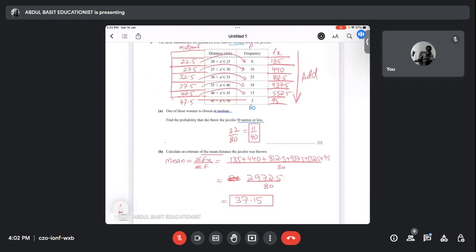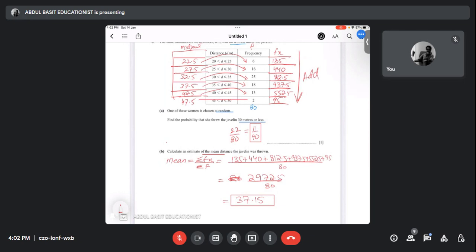And see, it makes sense that 37 is in this data. It should not be that your result is 19 when 19 is not in the data.